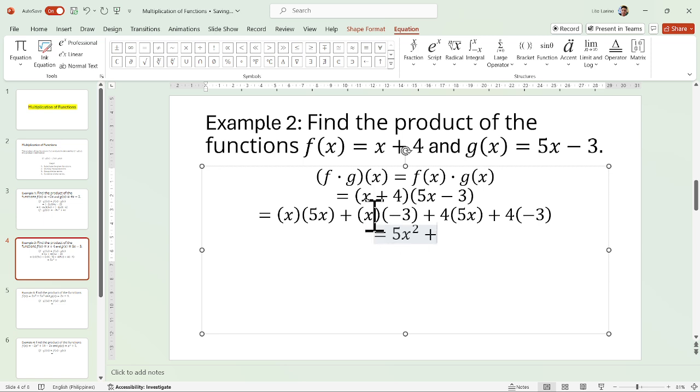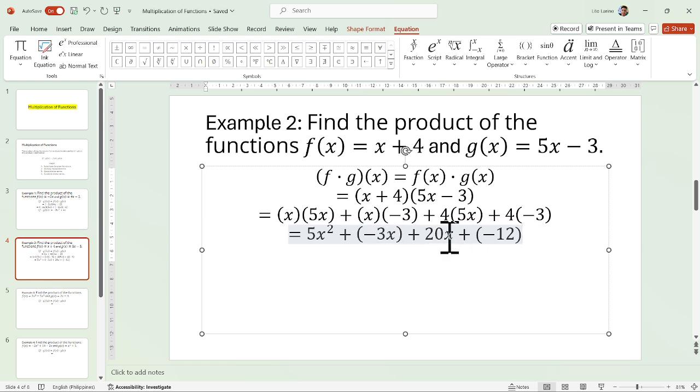Plus x times negative 3 is negative 3x, plus 4 times 5x is 20x, and plus 4 times negative 3 is negative 12. Okay. Then we group similar terms.